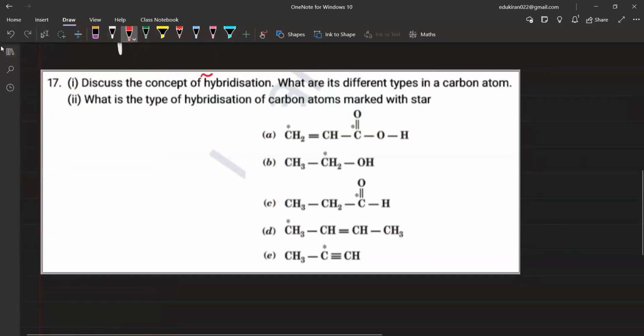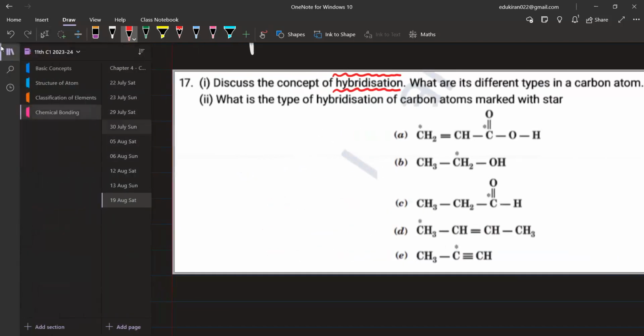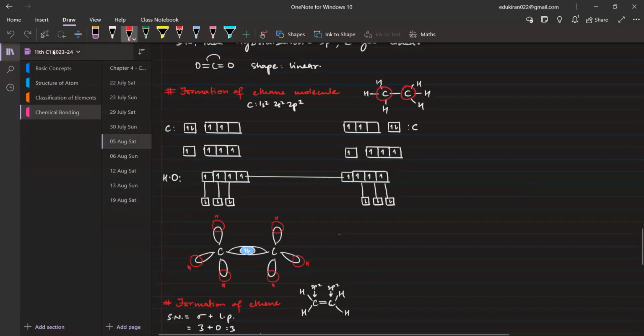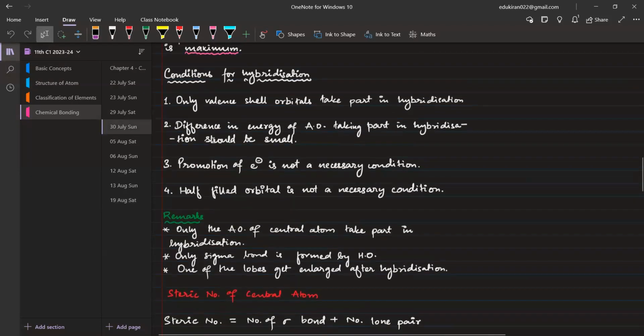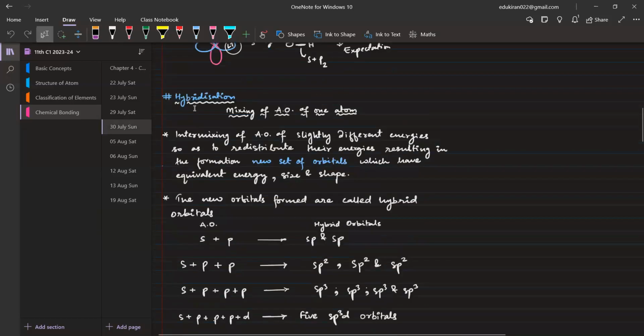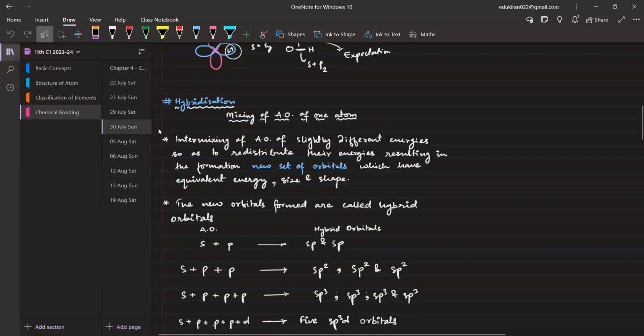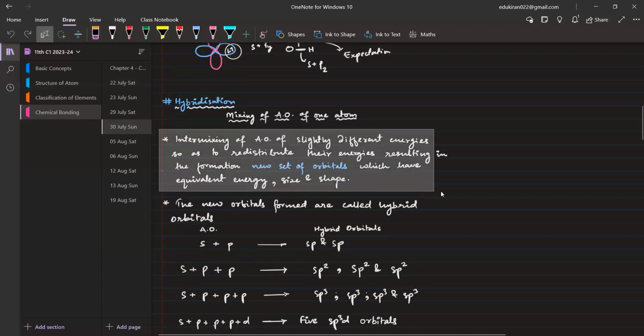You could not write this. I just wrote mixing of atomic orbitals of one atom resulting in the formation of new orbitals. That's it. Okay, see, what you should write is at least two points: intermixing of atomic orbitals of slightly different energies so as to redistribute their energies, resulting in the formation of a new set of orbitals which have equivalent energy, size, and shape.